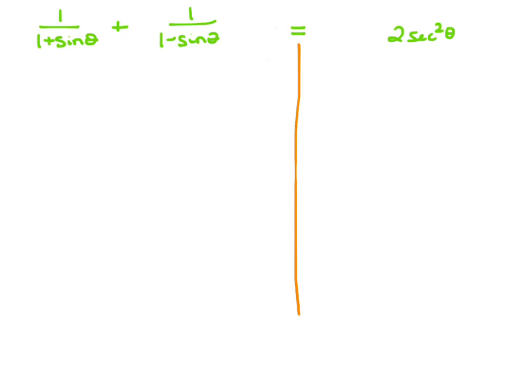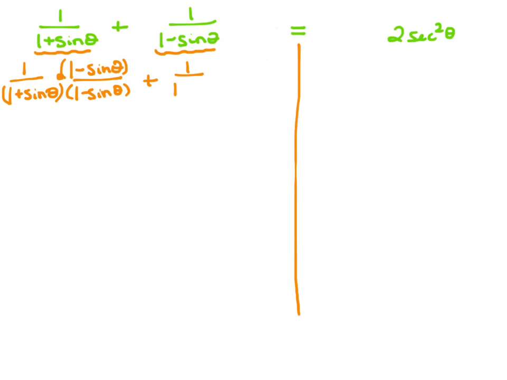For this first fraction, 1 over 1 plus sine theta, my denominator should be 1 plus sine theta times 1 minus sine theta. I'm just going to multiply those two denominators together to get my common denominator. So for this first fraction, I need to multiply by 1 minus sine theta in the numerator and the denominator.